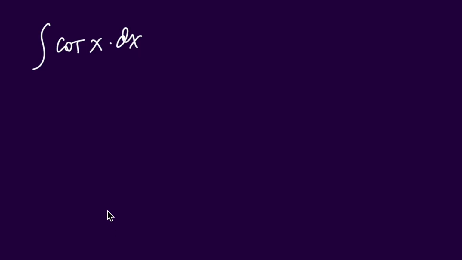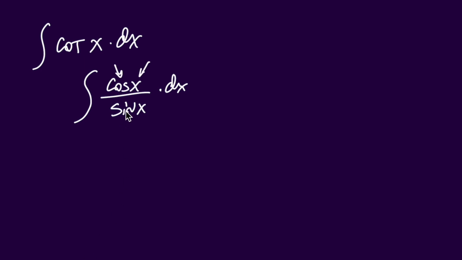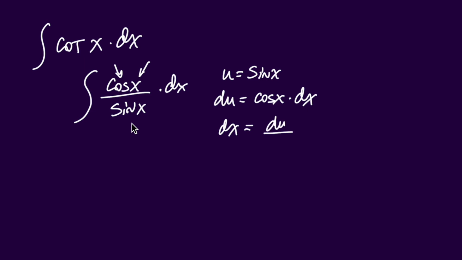Next we have this indefinite integral, cotangent of x. We're going to change this to cosine x over sine of x, and we're thinking u substitution because we see the derivative of the denominator right there. So we're going to let u equal sine of x, and du is going to be cos x dx. We're going to solve for dx and get du over cos x.